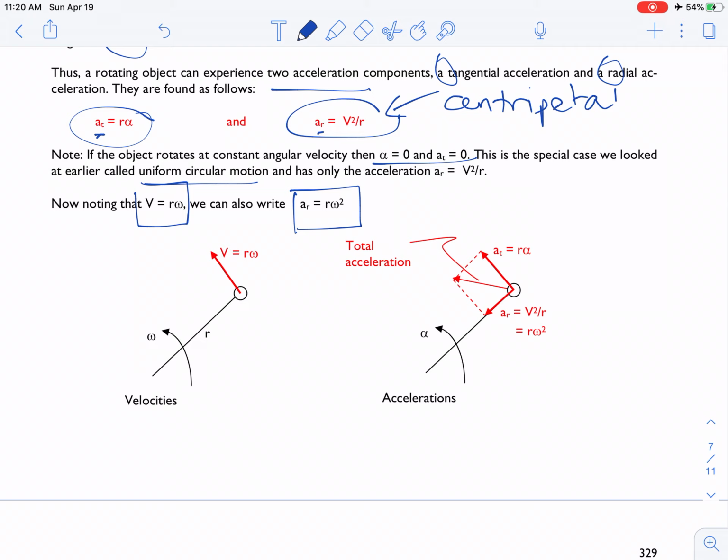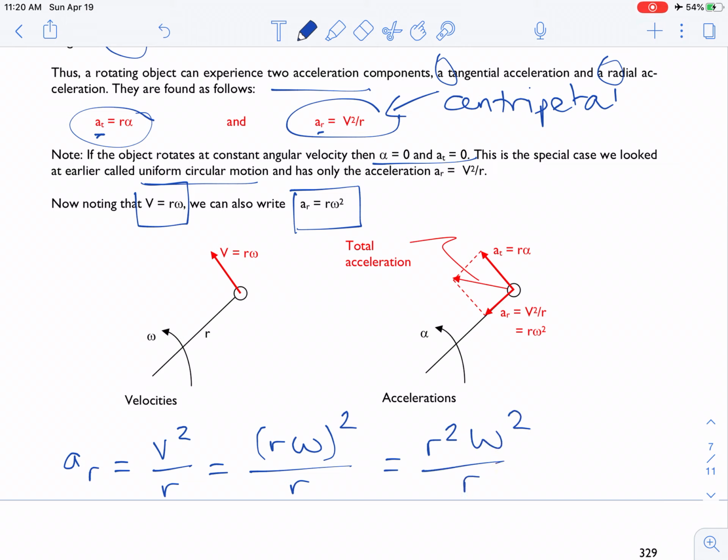We have that v squared over r. So I'm going to show that quickly here. a_r is v squared over r. What is v? V is r omega. Square that, divide by r, you get r squared omega squared over r. One of the r's goes away. You get r omega squared.